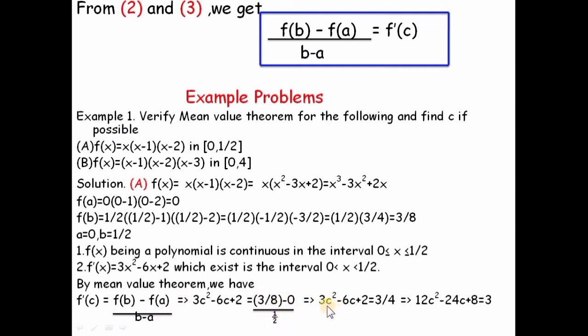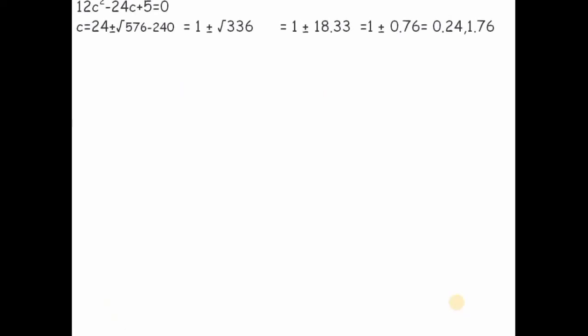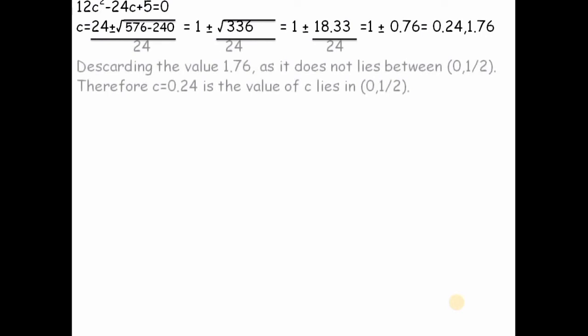So 3c square minus 6c plus 2 equals 3/4, and multiplying by 4, we get 12c square minus 24c plus 8 equals 3. Now we will find the value of c using the Sridharacharya formula, also known as the quadratic formula.